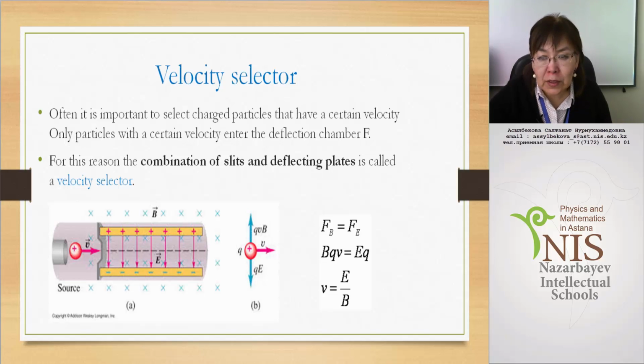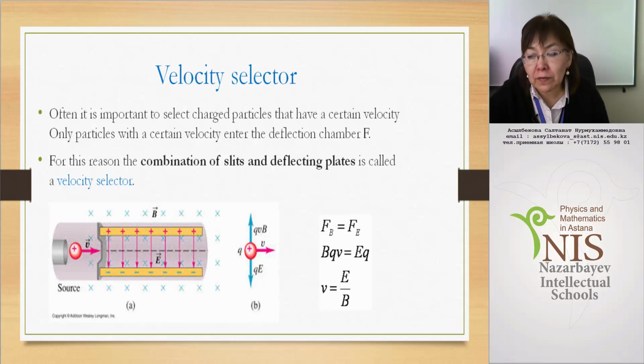In the case when the electric force is equal to the magnetic force, look here at the condition mathematically: we can see the velocity will be defined by the ratio of the intensity of the electric and magnetic fields.